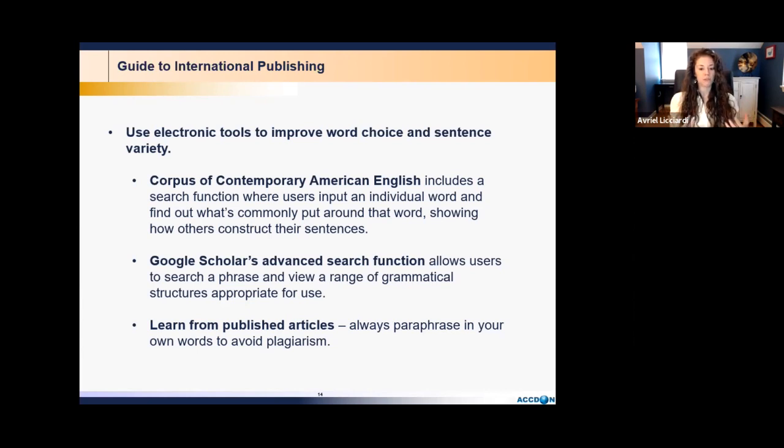And after you do that, you're probably going to be editing your paper, and then all of a sudden you're going to have a really well-constructed paragraph that is in your own words, because you've paraphrased other articles, you've avoided plagiarism, and it's made your own, and it sounds like it's something that is well written and already in the literature.